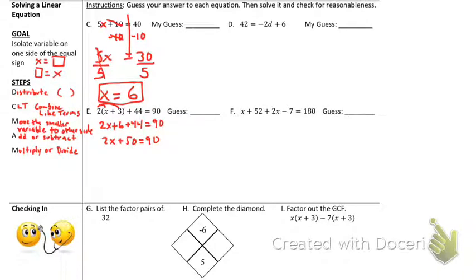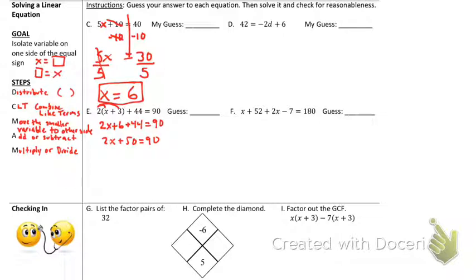Now I move on to M. We want to see, are there any variables that I have to move together? So is there more than one x on different sides of the equal sign? If you look, I have an x on the left side, but no x on the right side of the equal sign, so I can go ahead and skip step M. I'm going to step A, which is where I start isolating my variable.